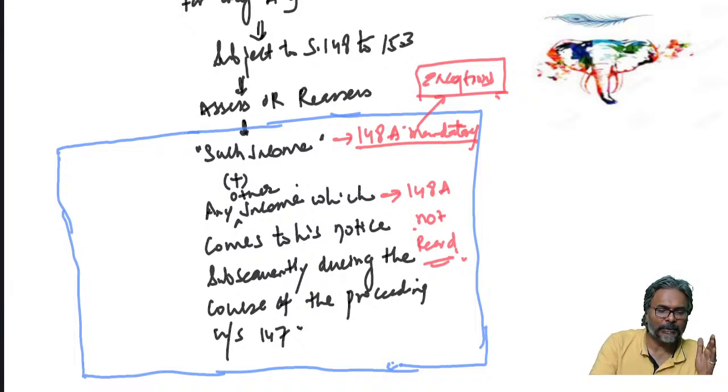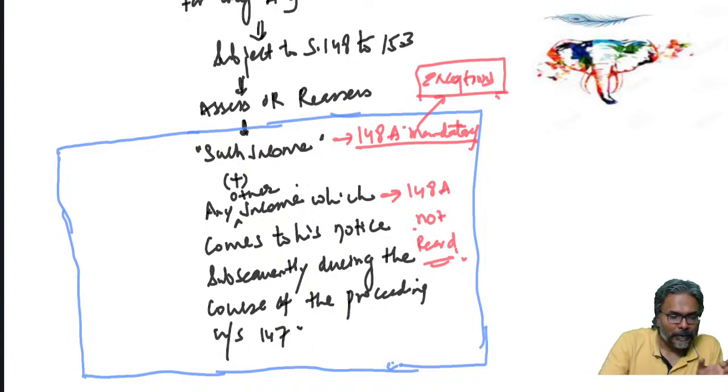And the preliminary inquiry in this scenario would be that 148A talks about, students, that first he needs to conduct an inquiry before he comes to a conclusion that 147 is required, because it is like an income escaping or the reassessment which he is going to do.